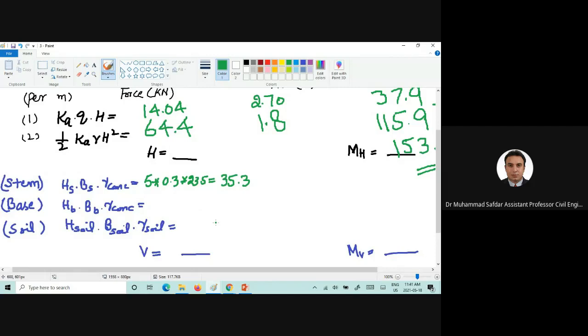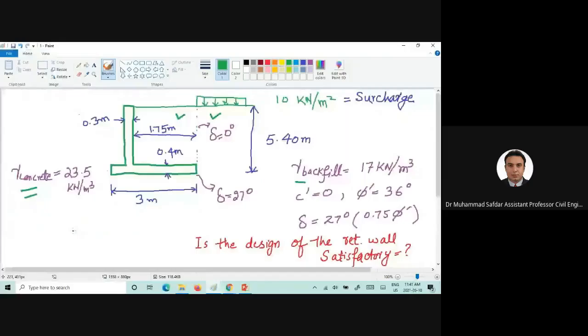What would be the lever arm for the stem? Lever arm for the stem. If we take moments about O, this is the toe of the retaining wall. What would be the moment arm?